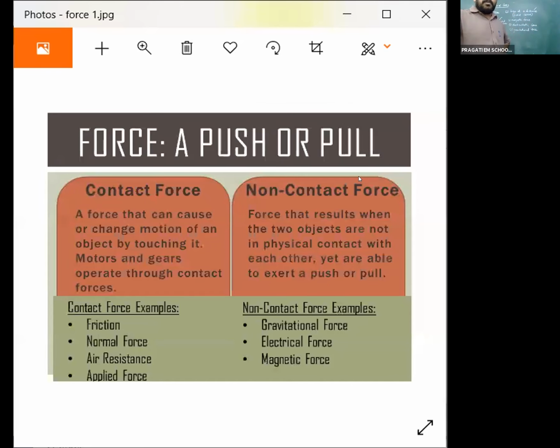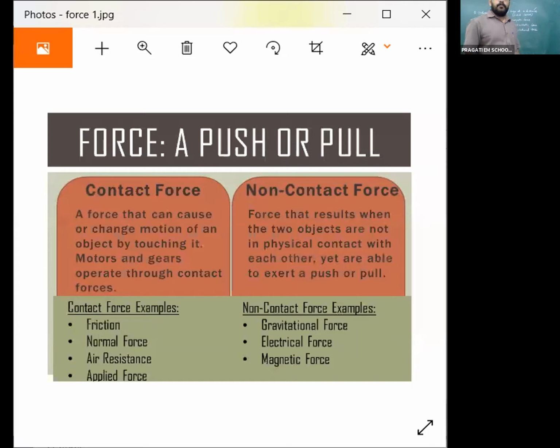So, the example and definition of non-contact force. Contact force means the force that can cause or change motion of an object by touching it. Please note down these points. This is the definition of contact force. And here you can see the examples for contact force and non-contact force. Non-contact force is a force that results when two objects are not in physical contact.